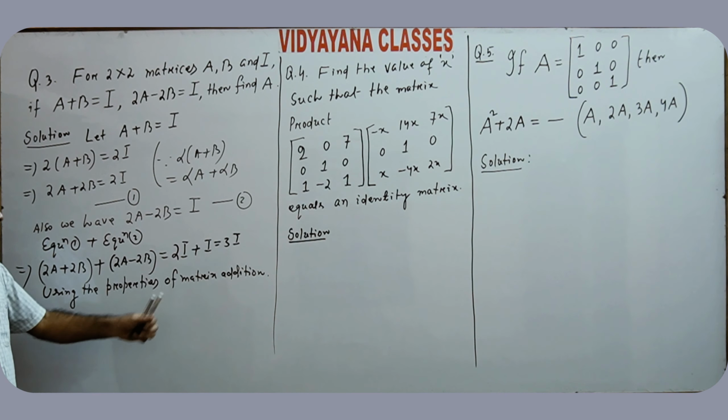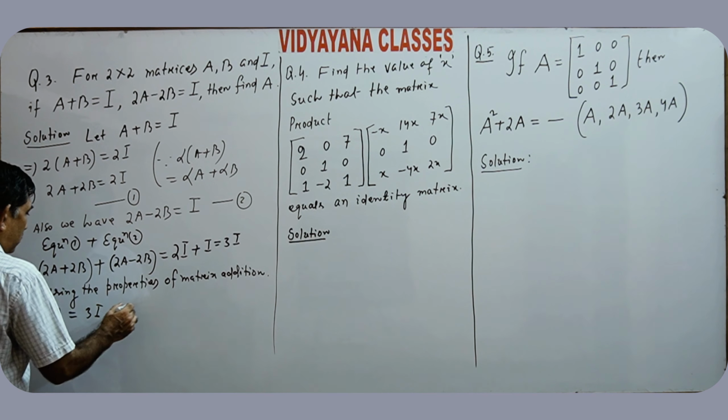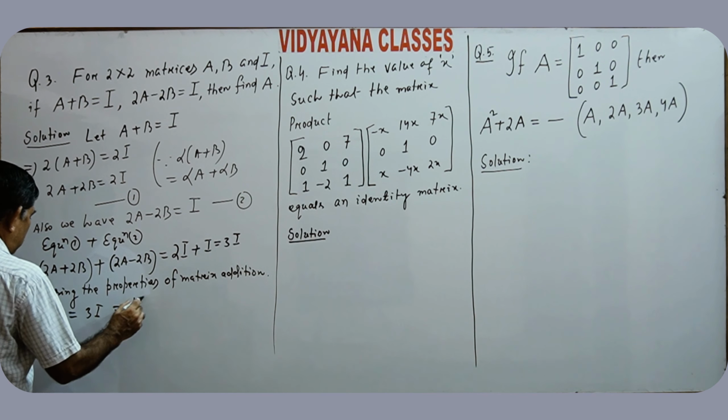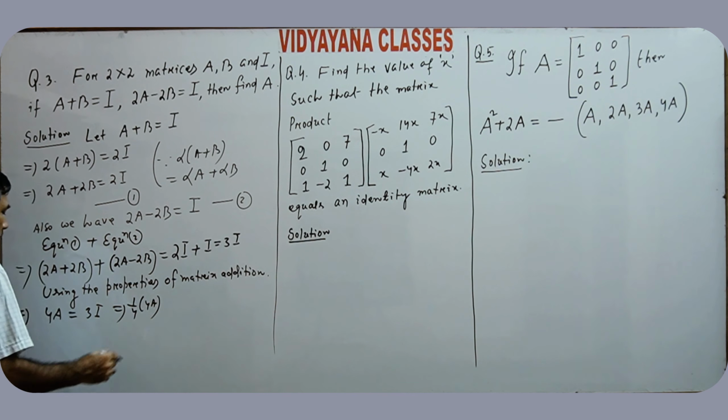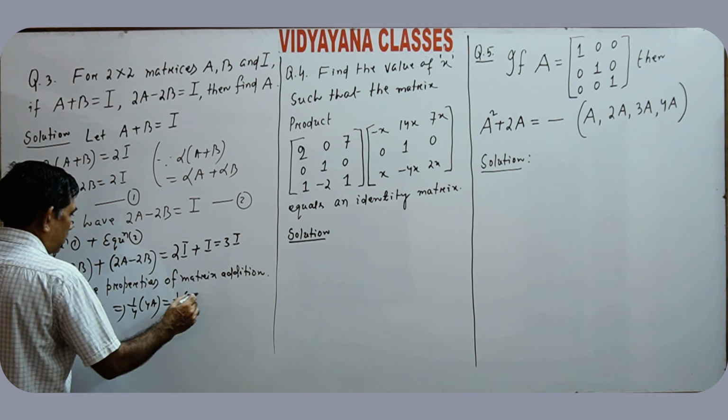Using the properties of matrix addition, the left-hand side gives 4A is equal to 3I, which implies 1 by 4 times 4A is equal to 1 by 4 times 3I.